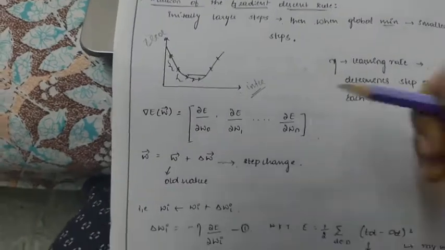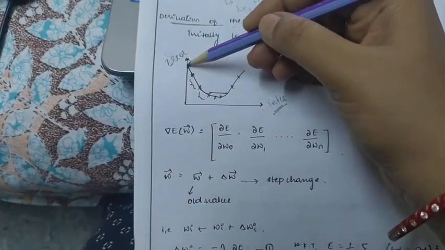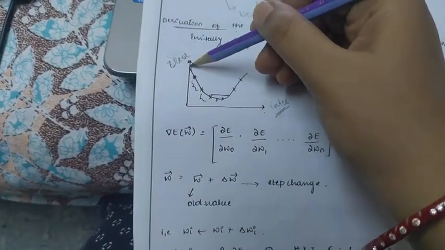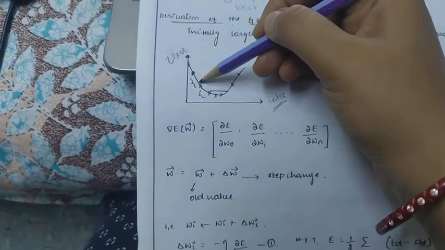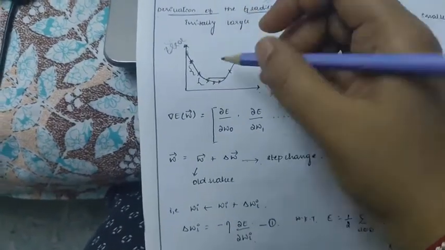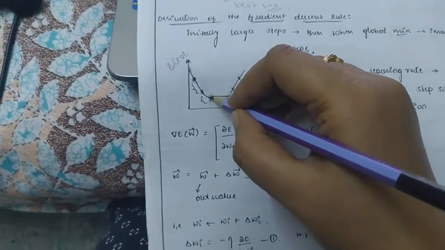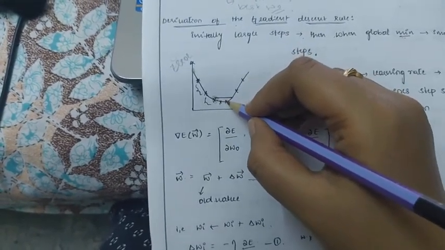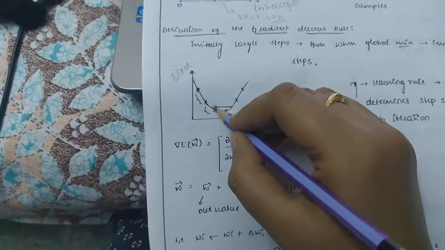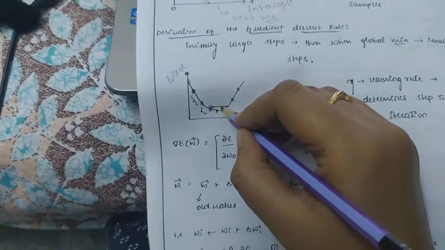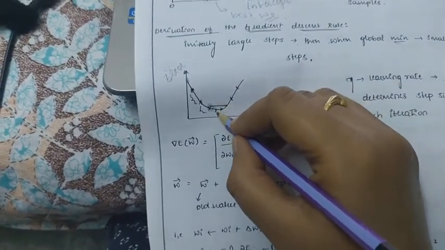While starting the steepest descent, we are going to move with larger steps. As and when we reach the global minimum, we are going to take small steps. Why? Because if we move with a larger step at this point, we are going to skip this global minimum.